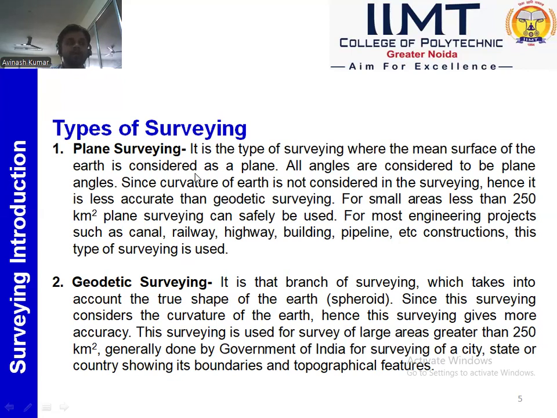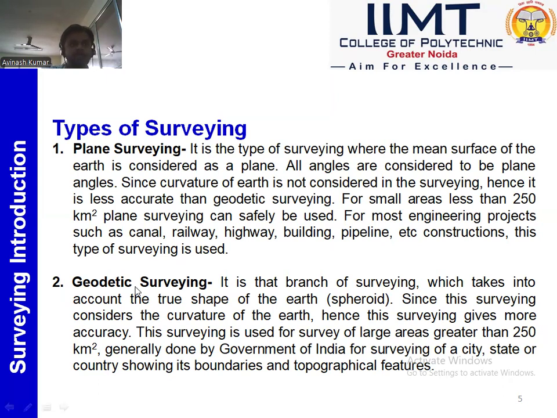So what is the benefit of ignoring the curvature of Earth? We can directly measure the distance. But when the area is more than 250 square kilometers, then we cannot ignore the curvature of Earth, because if we ignore the curvature, then our measured distances will be wrong. Because for a large area, the actual length of the curve and the length of the chord are different.